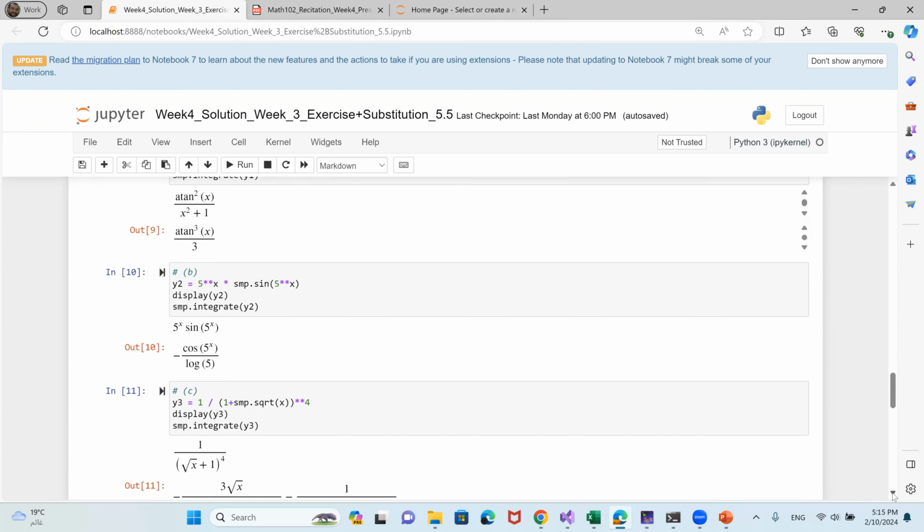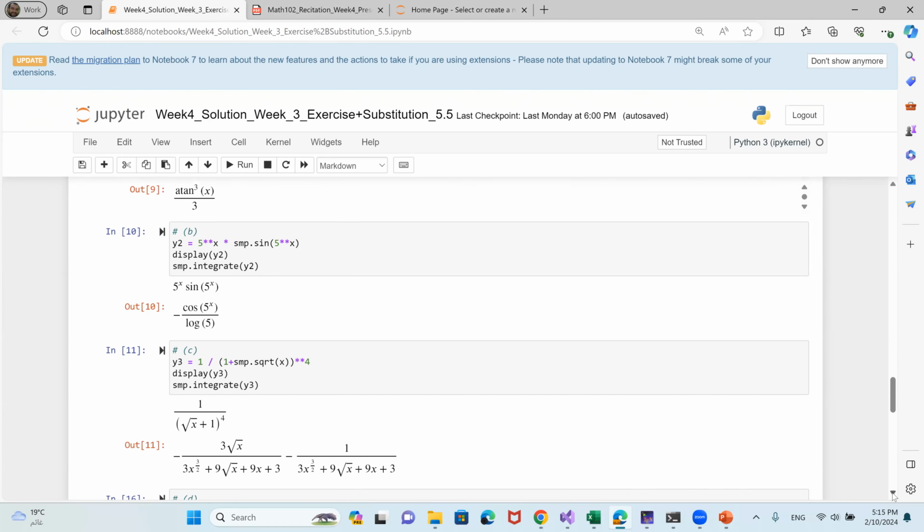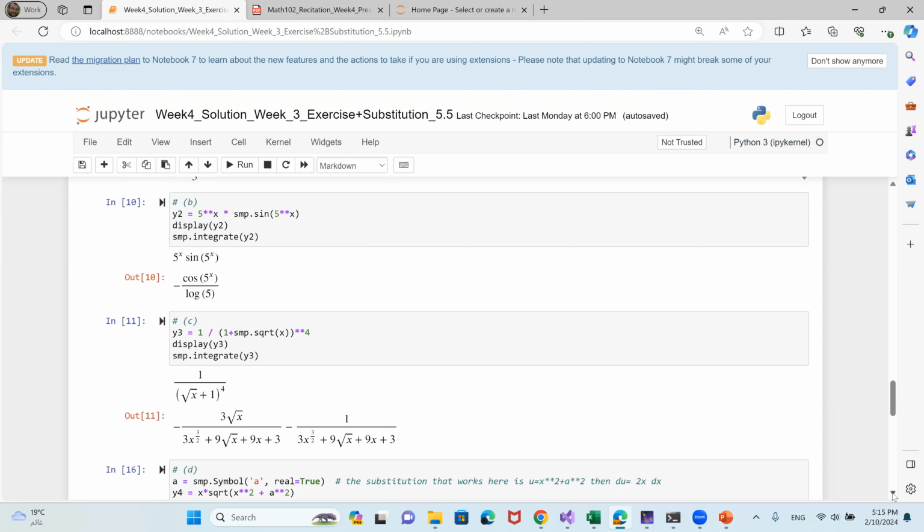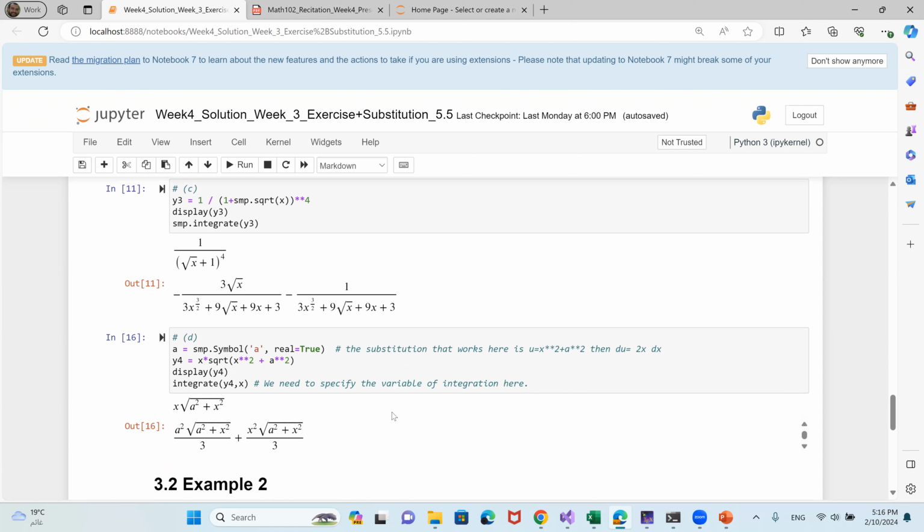The integral of 1 over 1 plus square root of x all to the power 4. And finally, the D part, where we needed to specify the variable of integration. Here y4, the function to be integrated, is x times square root of x squared plus a squared, and here we specify the variable of integration.